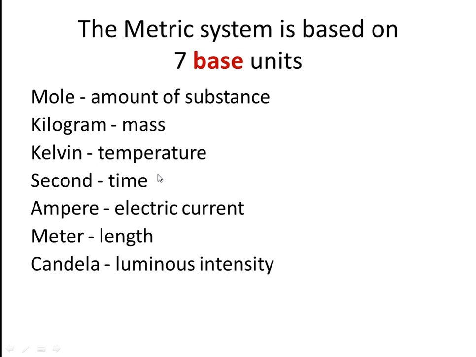Kilo in Latin means 1,000 or 10 to the 3. Same thing. Those are equivalent numbers. Hecto or hecta means 100. All right. Deca, as in decade. A decade is 10 years. So deca means 10.